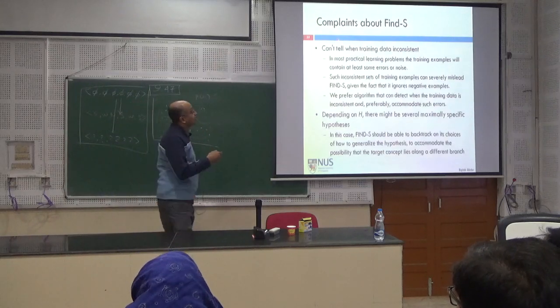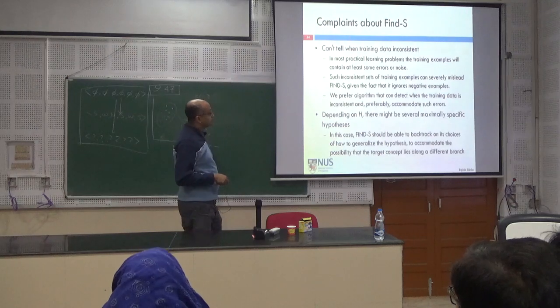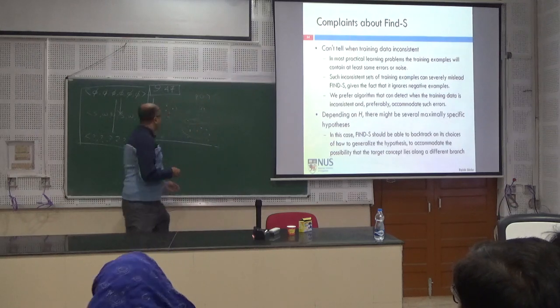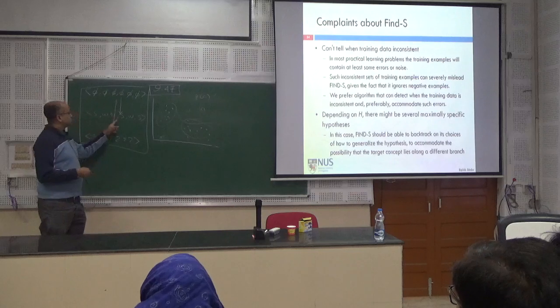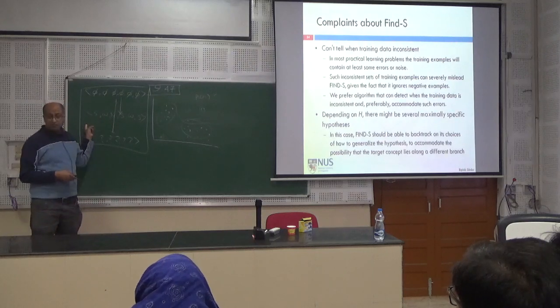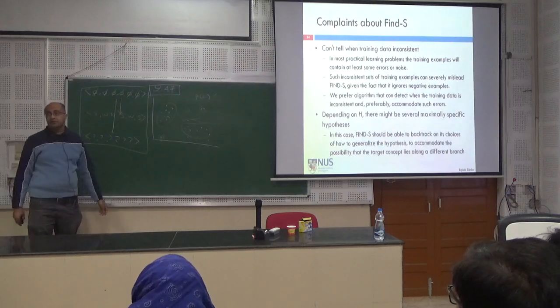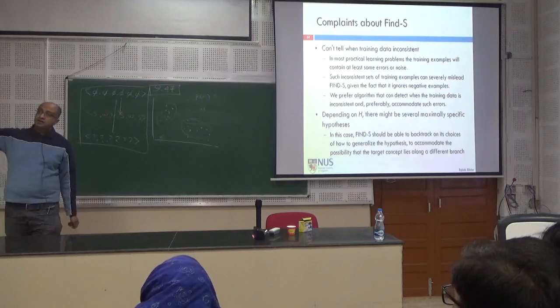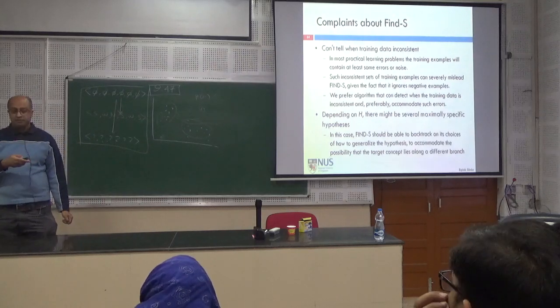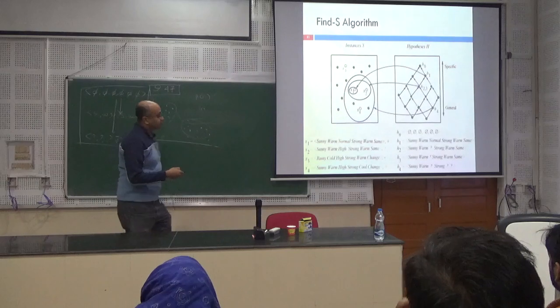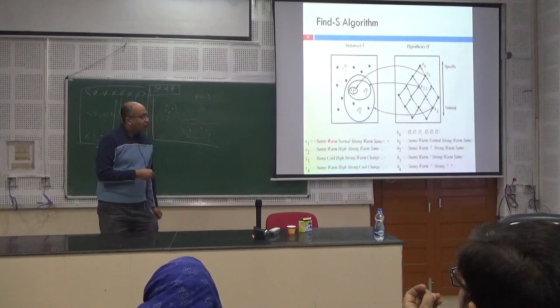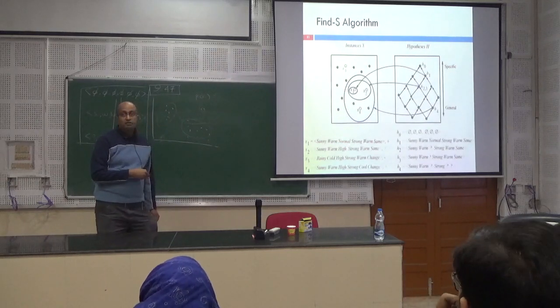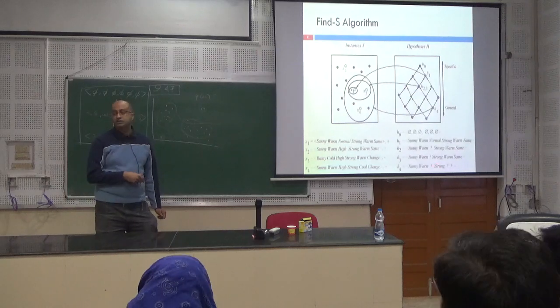So let's try to look at some other things, right? For example, I came up with one possible hypothesis which is more specific. There could be other hypotheses also which will satisfy that. So for example, it could be that the ordering of the training samples can change your hypothesis.